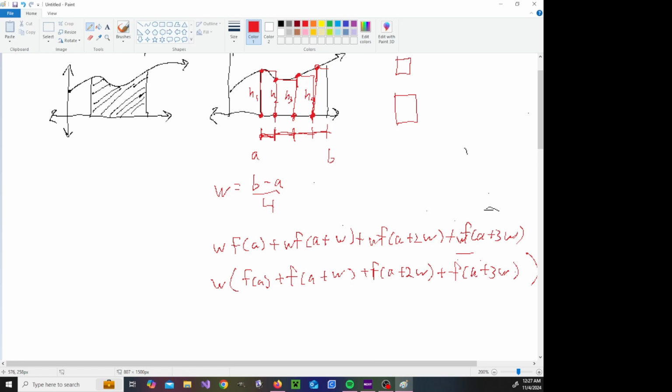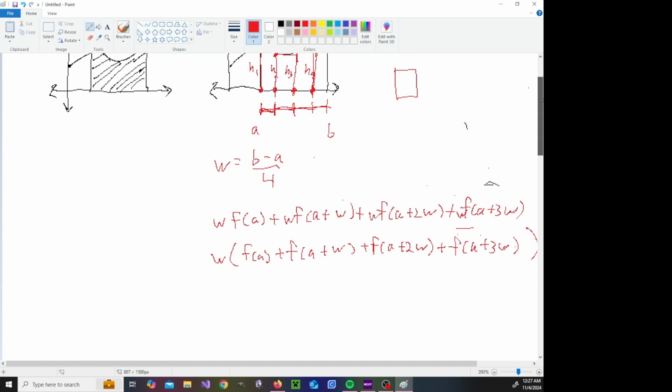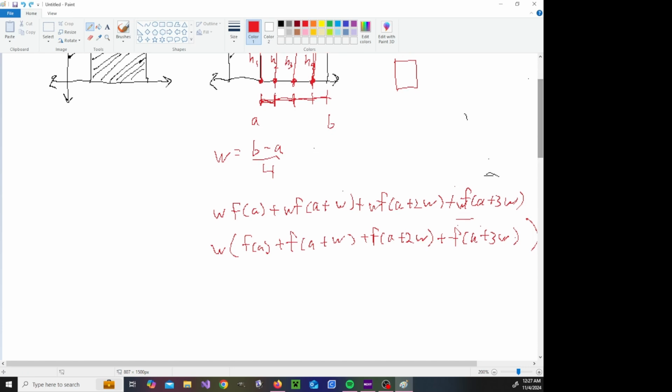So this would be this approximation for the area under the curve. But is that a good approximation?